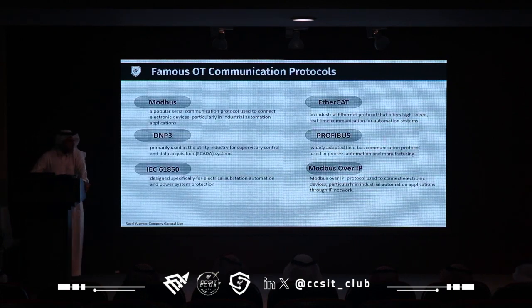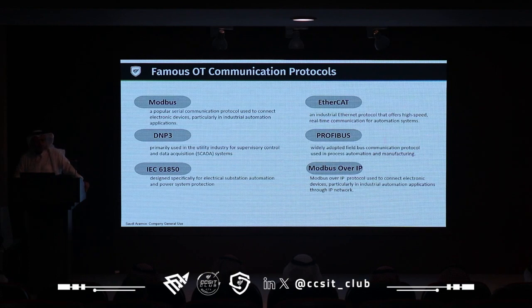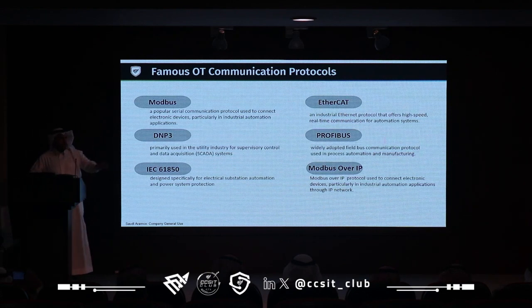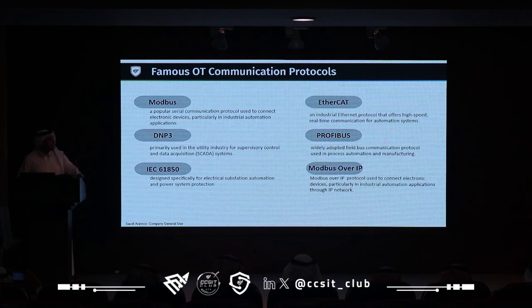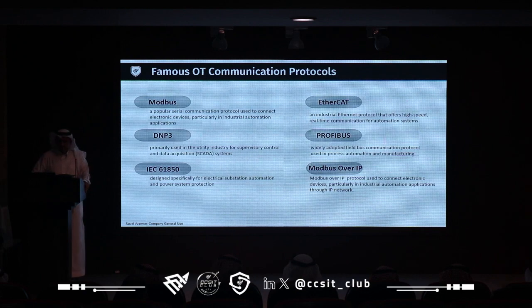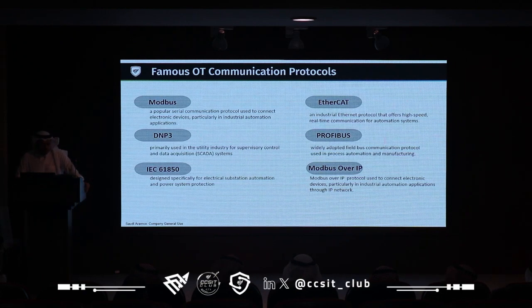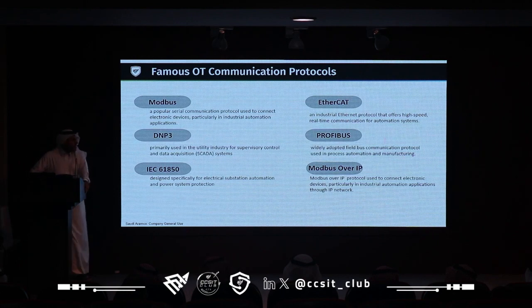Here we come to the main difference between IT and OT: communication protocols. These communication protocols are dedicated to exchanging data between field devices like sensors, PLCs, and the SCADA system and DCS. They include Modbus, a serial communication protocol used to connect electronic devices to automation systems.